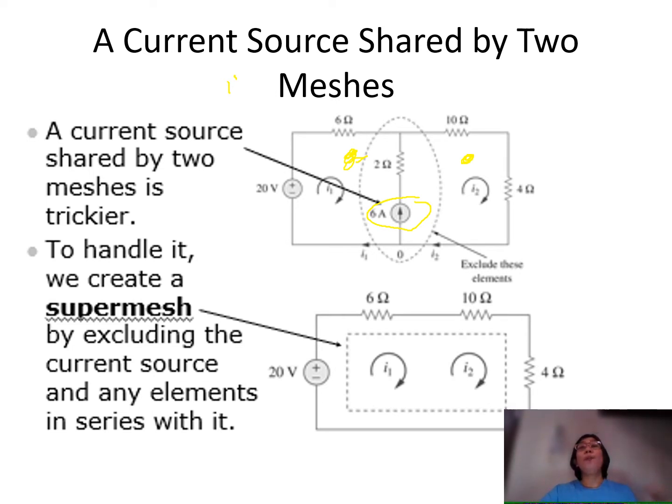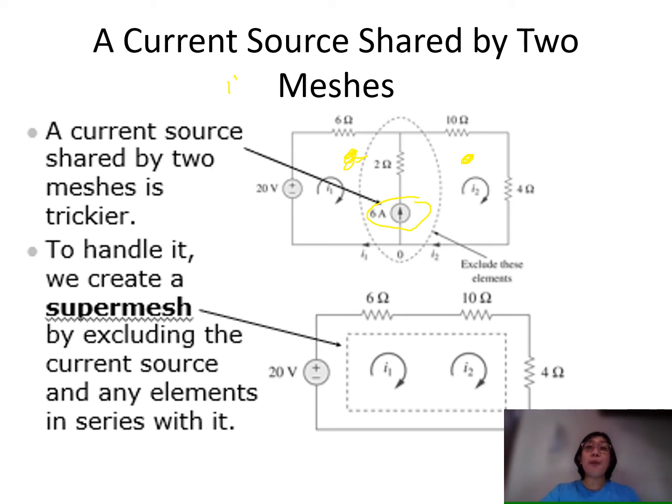If we don't have a current source between these two meshes, we have two equations: your first mesh equation and your second mesh equation. So how are we going to handle this type of problem?